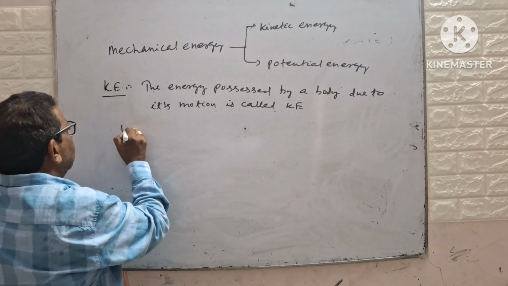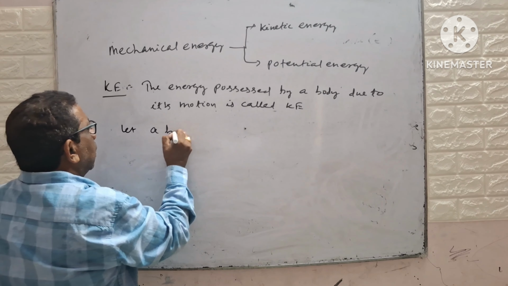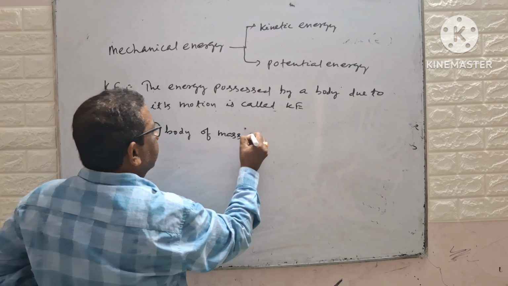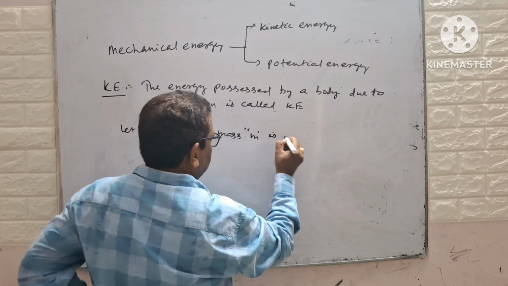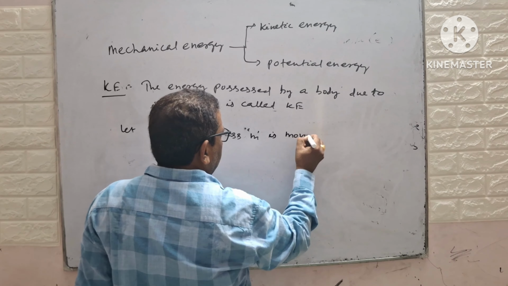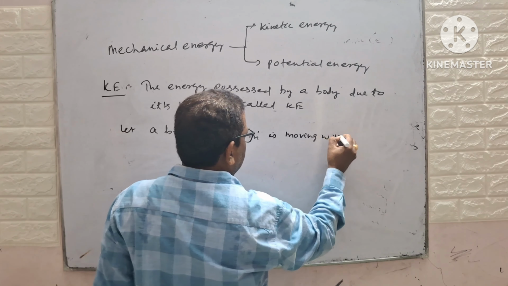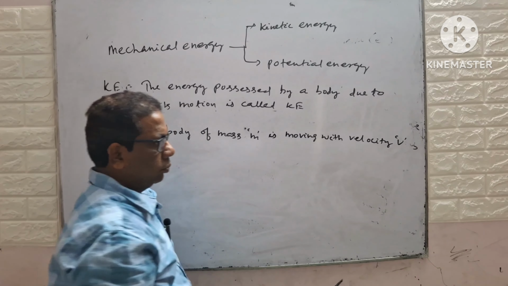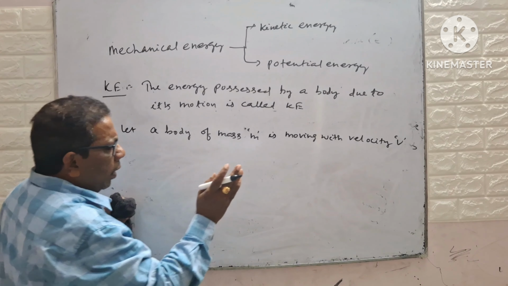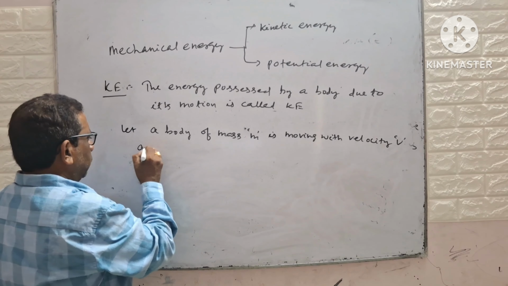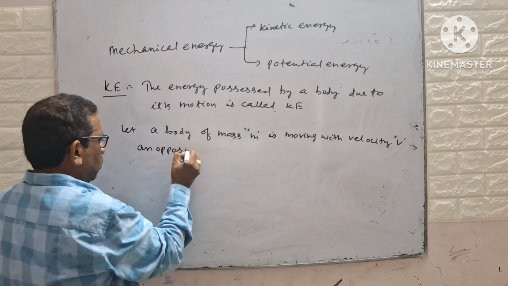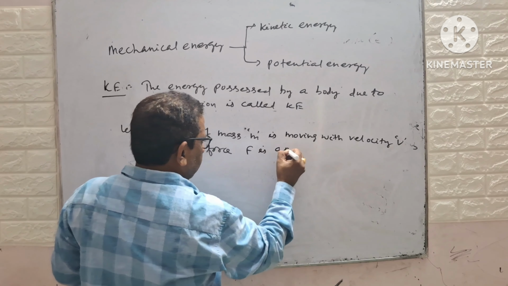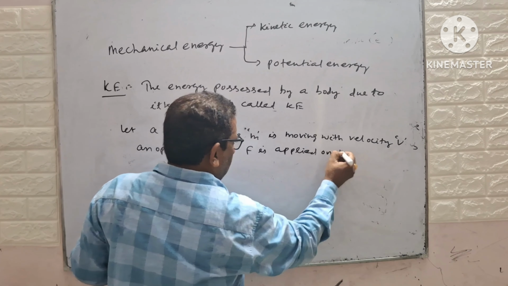Let a body of mass m be moving with velocity v. An opposing force F is applied on the body.